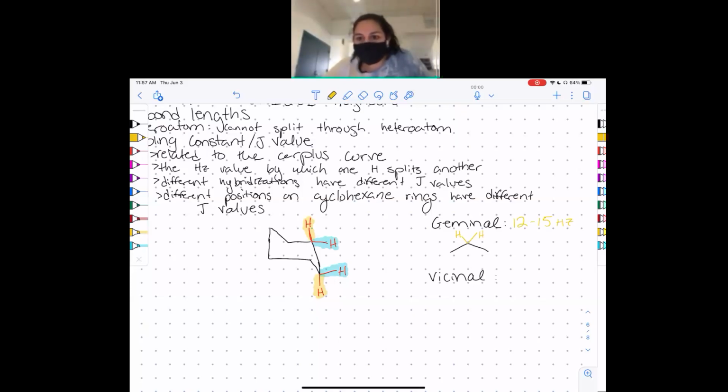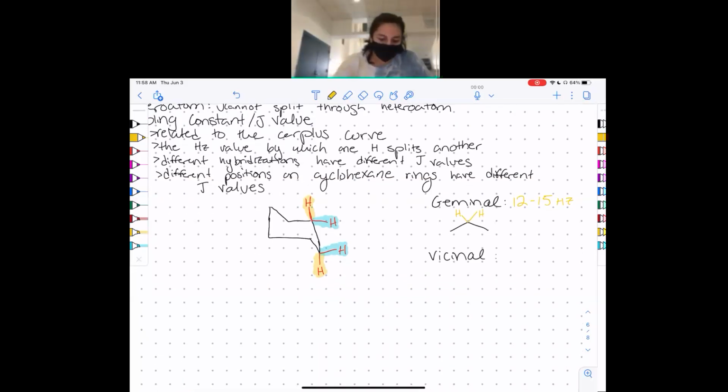Sweet. And then someone said 7 hertz is for those that have free rotation. You're on the right track, but for the purposes of this, we're going to keep it even more simple than that. We're going to say vicinal hydrogens are going to have a value of 7. And so what does vicinal mean?